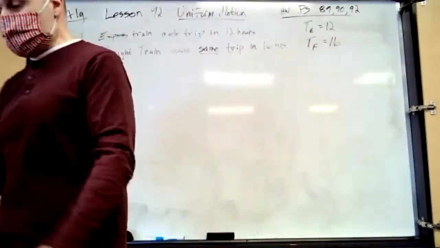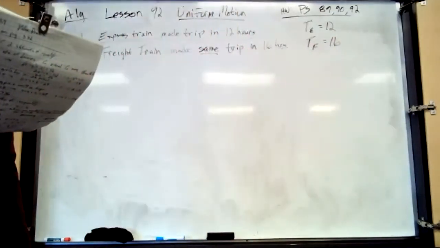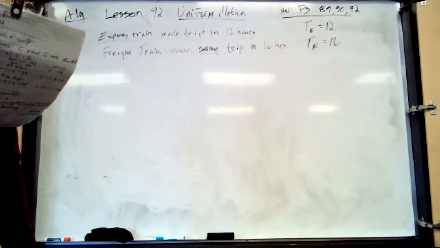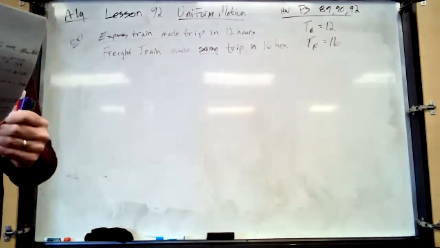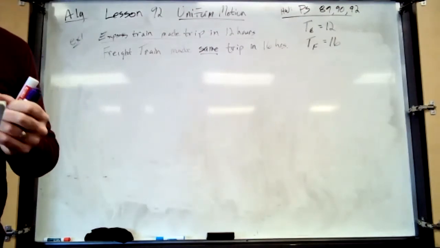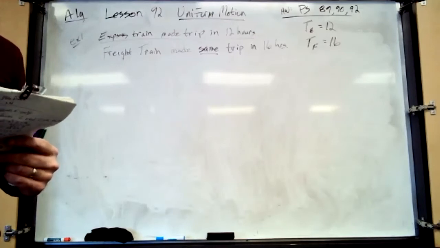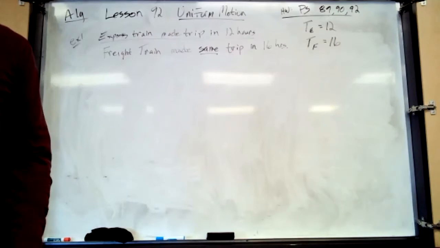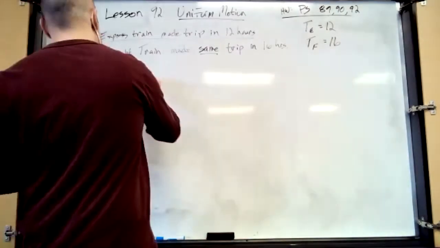All right, now, next sentence. If each train, find the rate of each train. So we're going to find R subscript E and R subscript F. If the freight was 15 kilometers an hour less than the express train. Okay. So we're going to say that.